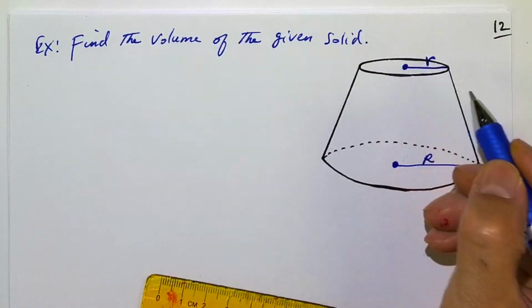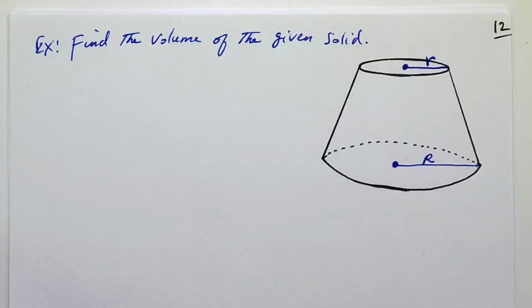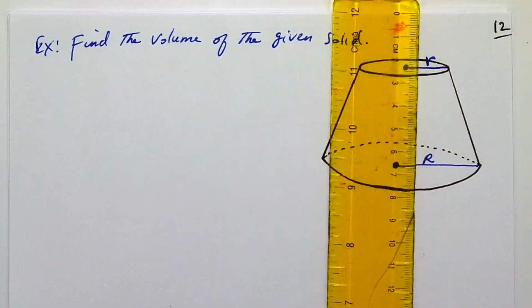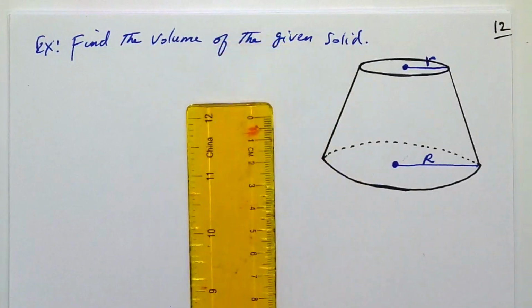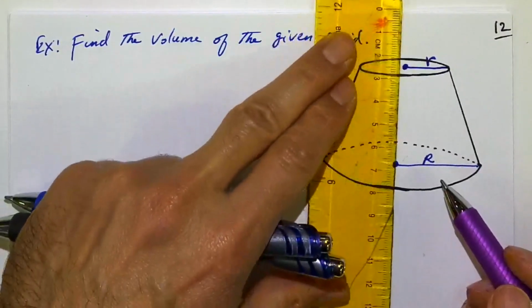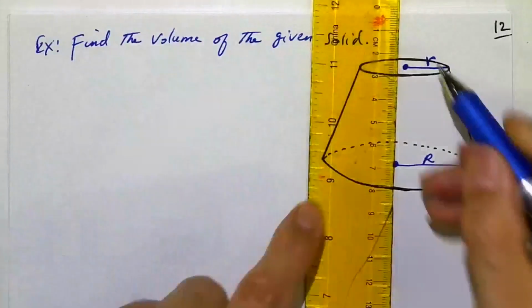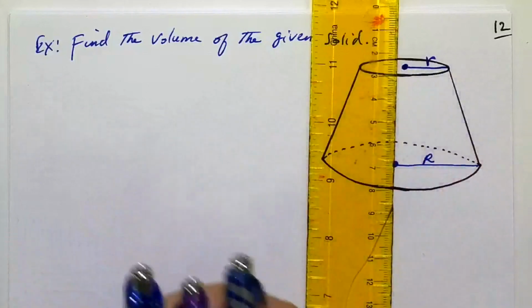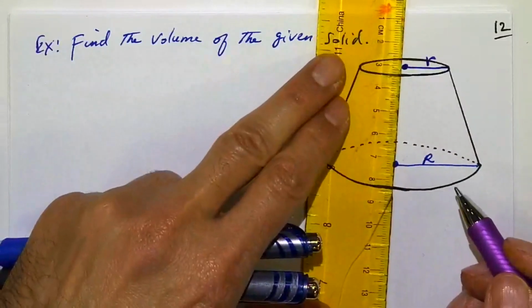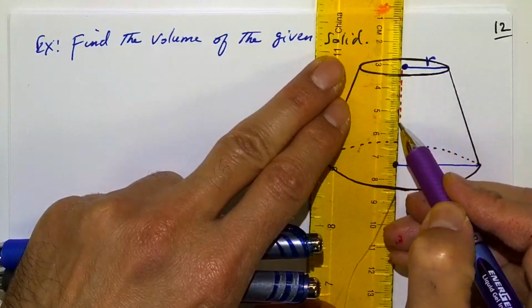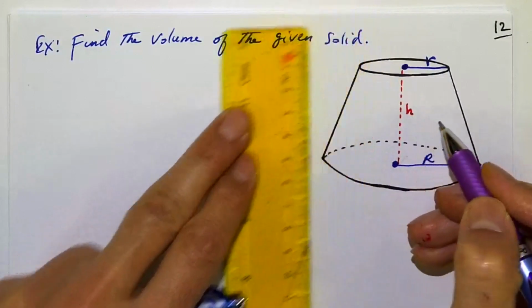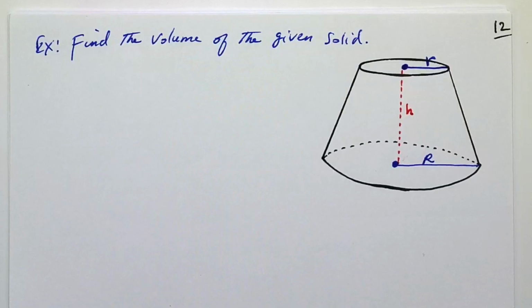That's basically the information we have. The other thing we know is this height, this distance, maybe I should put that center a little bit to this side, but that distance is h. That's h, the height of that solid.